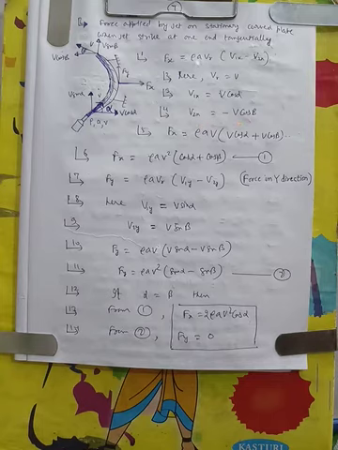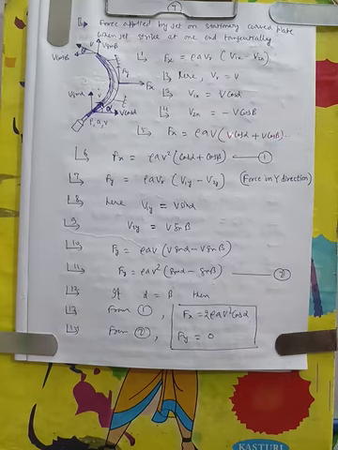So Fx will be rho a V, where rho is the density of fluid, A is the cross section area of the jet, Vr will be V because the plate is fixed, and V1x is V cos alpha, and V2x is minus V cos beta. So minus one more minus, it will be plus V cos beta. So this is the force along x direction.